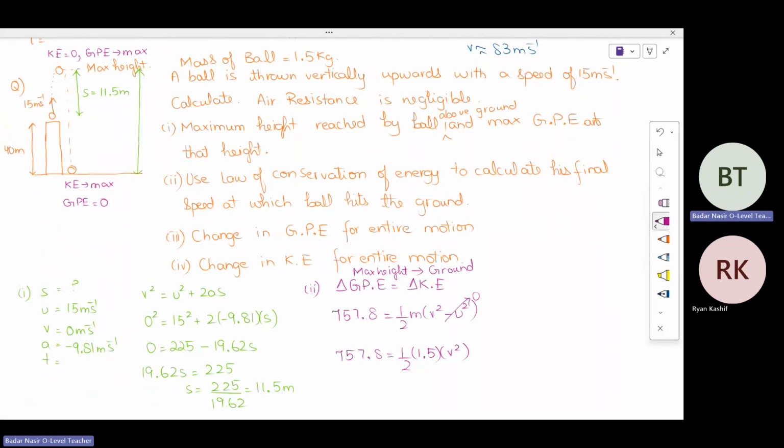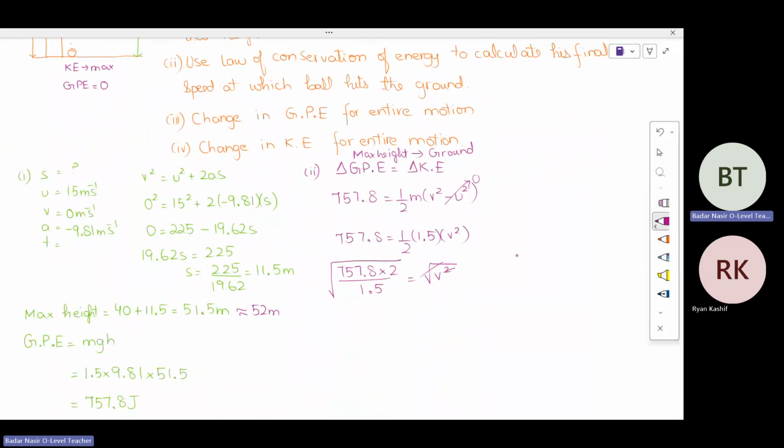Please calculate the answer and tell me, okay, what do we get? जी यहाँ तक किसी को कोई क्वेश्चन है कोई कंफ्यूजन है तो बेटा प्लीज यू कैन आस्क मी। So we get the final velocity as 31.7, so this is the final value so we round off the answer, we get 32 meter per second.